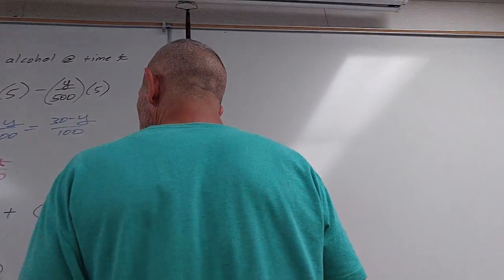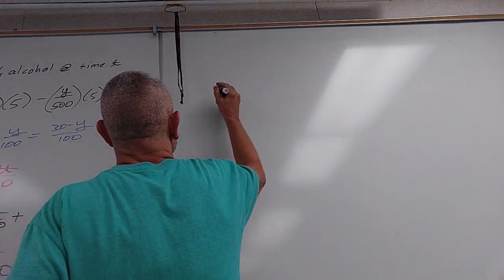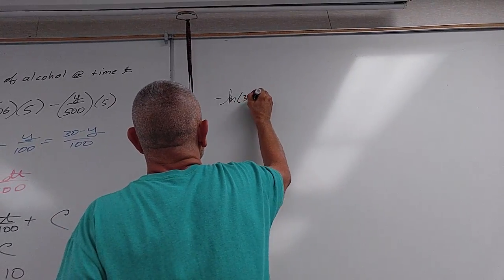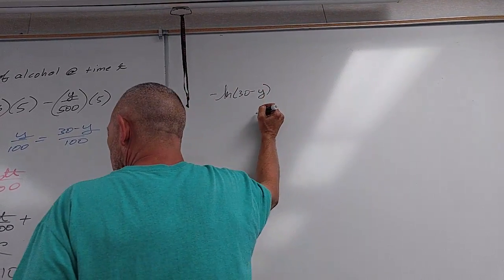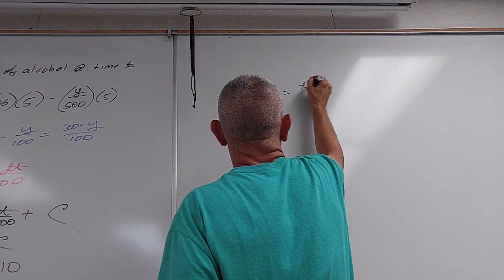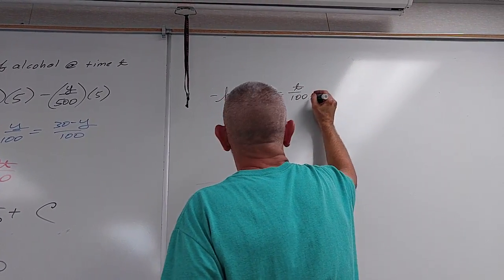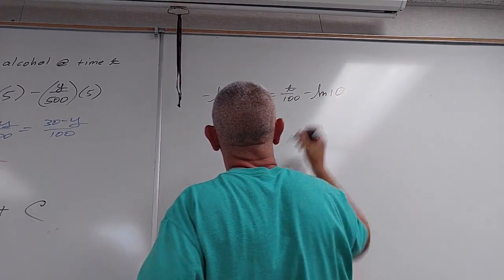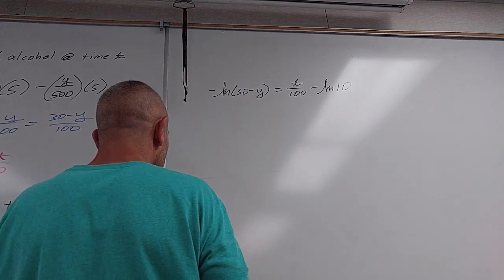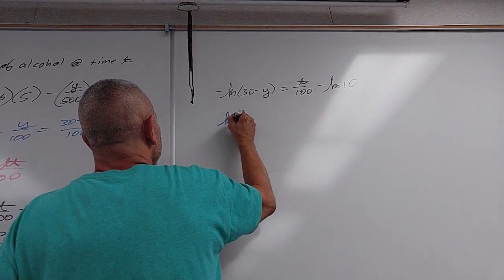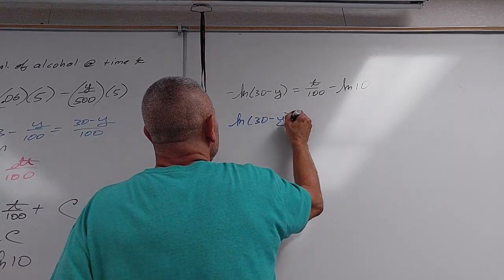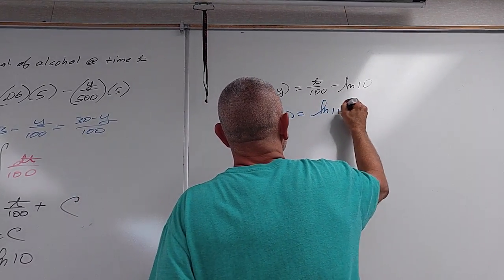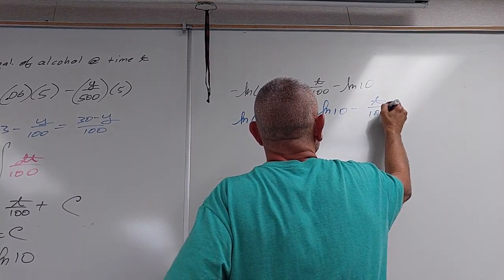So let's substitute this in. I've got minus ln(30 minus y) equals t/100 plus c, which is minus ln 10. So let's get rid of the minus sign. ln(30 minus y) equals ln 10 minus t/100.